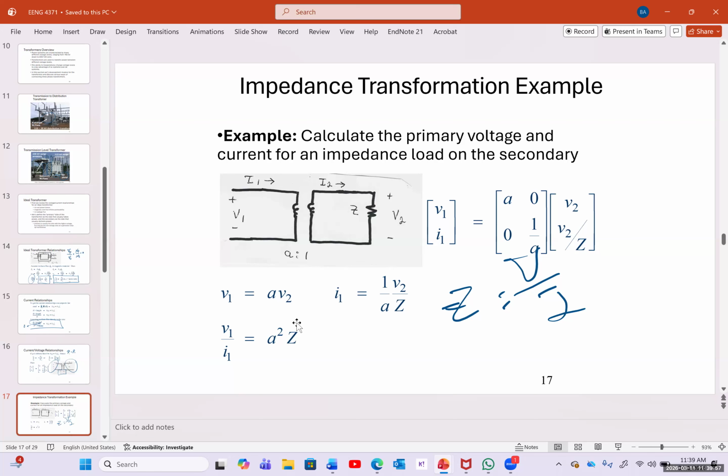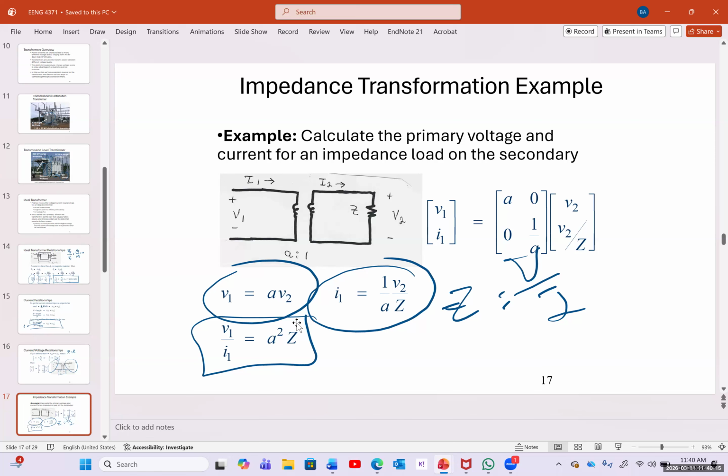Now, from that, we can find the secondary impedance, and we can transfer that to the primary side. So we know that V1 is equal to A V2, and I1 is equal to 1 over A V2 over Z. Now V1 over I1 gives us Z1, which is equal to A square Z.